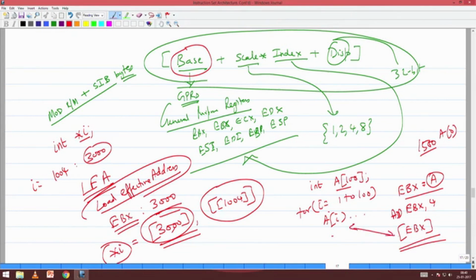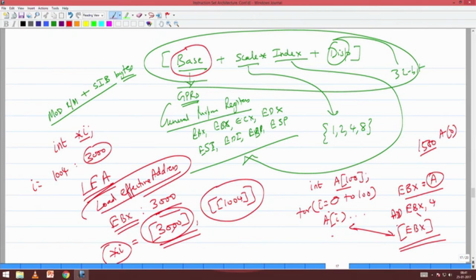As my loop goes on from 1 to 100, A0 would be 1500. When I come to A1, by the time I increment EBX by 4, it is 1504 and the content of 1504 is this one.